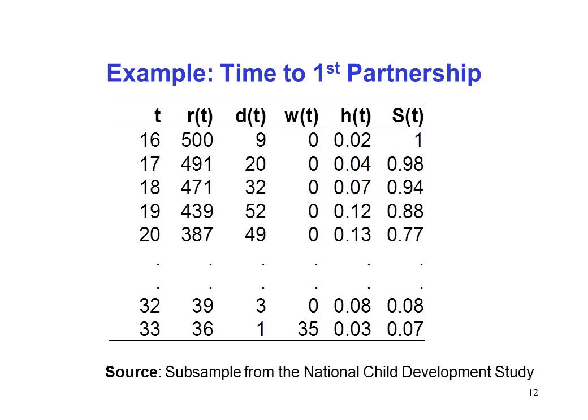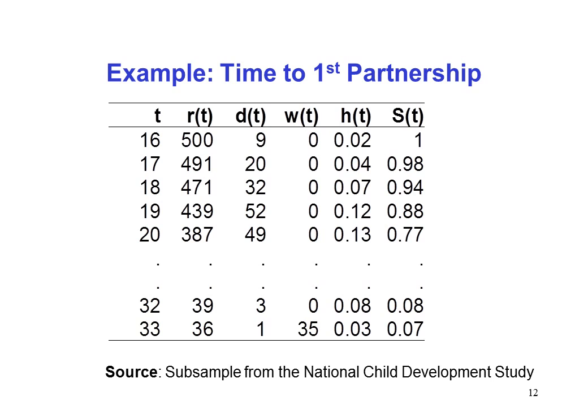So what we have is time to first partnership, and they become at risk, if you like. The way that we've defined the risk period is to start at age 16, right, when they could become legally married. But we're also looking at cohabitation here. So we observe them from 16 up until age 33, and this is the number at risk, and it starts off at age 16 at the total sample size of 500.